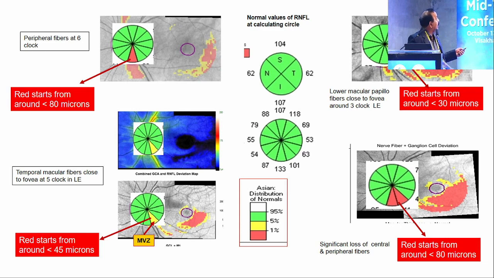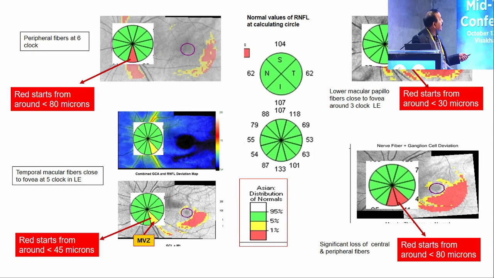And the normal values, if RNFL, you see it is 133, 107, and on either side is the nasal. This is the nasal around 60, and temporal around 40, 62, 62. They are all. And this lower will be higher.